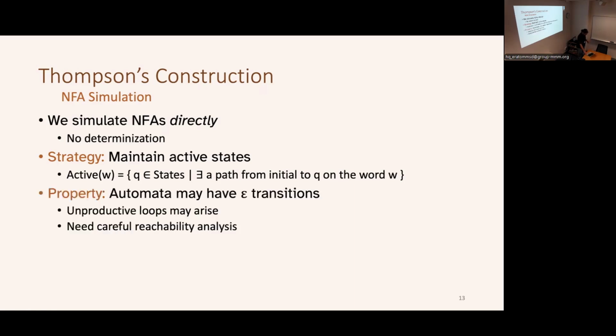We noticed earlier that our automata may have epsilon transitions, which means that we might have loops which are unproductive. That is to say that on the prefix that we have consumed, we might be able to find multiple paths if we allow loops. So we need to do a careful exploration, keeping track of which states we have already visited.